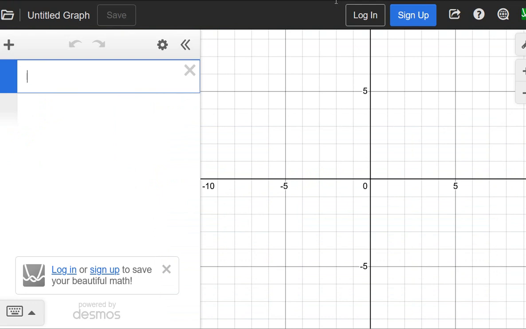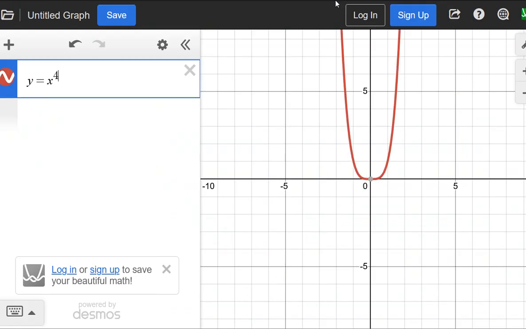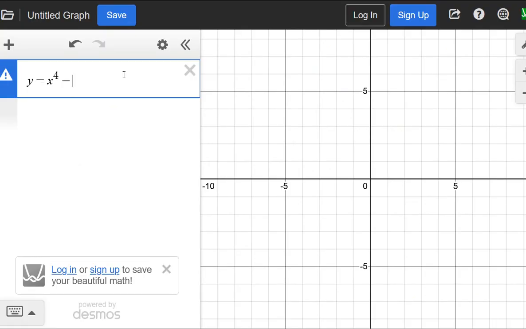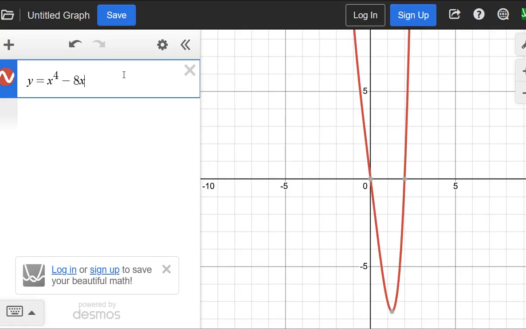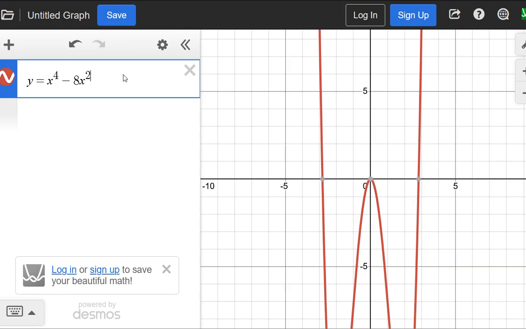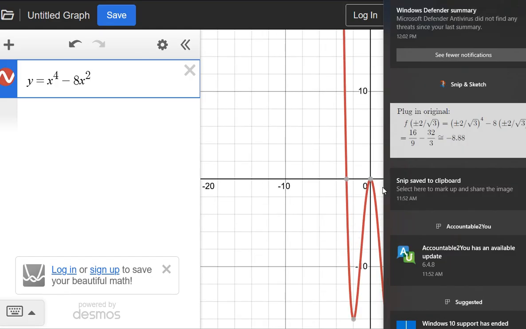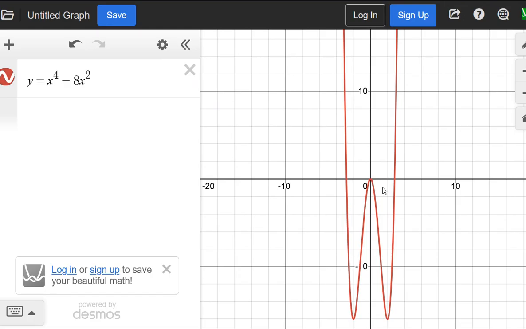So let's see, y equals, we had x to the 4th minus, and what was that, 8x squared. And zoom out a little bit, and we are indeed seeing our W shape here. So that's confirming what we did by hand.